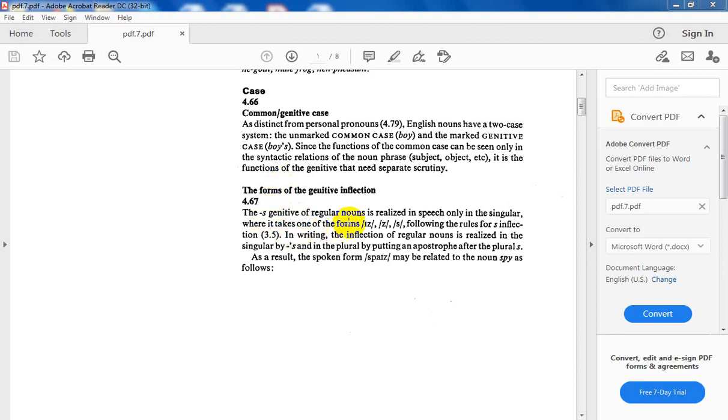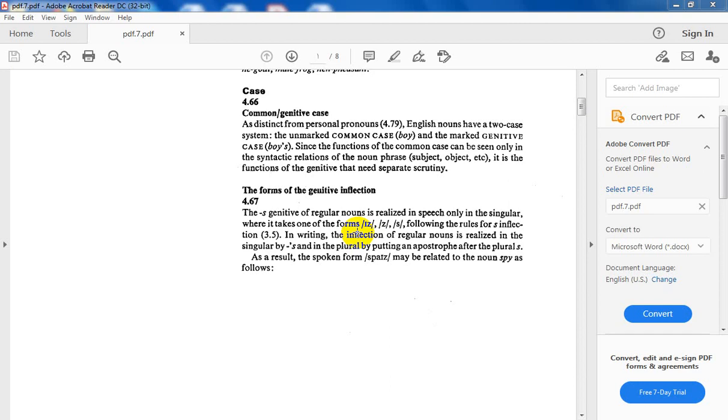The S genitive of regular nouns is realized in speech only in the singular. It takes one of the forms of the S inflections. In writing, طبعا in pronunciation, I say boys, for example, doors. طبعا I add door, apostrophe, then S. The pronunciation of this addition differs from noun to noun according to the final sound it has.